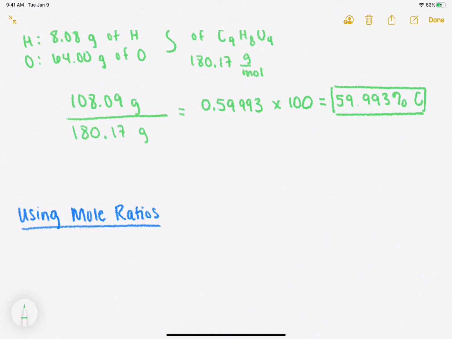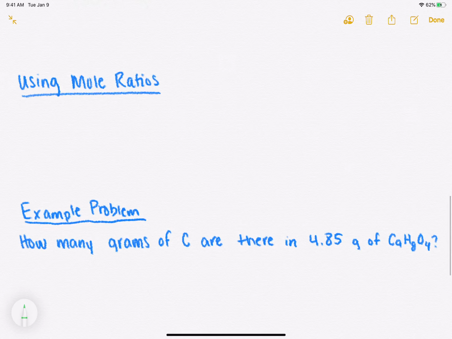But sometimes we don't want to use mass or mass percent. Sometimes we want to look at the moles directly. And sometimes what this is going to allow us to do is figure out how many of a particular type of molecule or atom there is in a molecule. So again, let's look at C9H8O4. We can see here that in every 1 mole of this molecule, we have 9 moles of carbon.